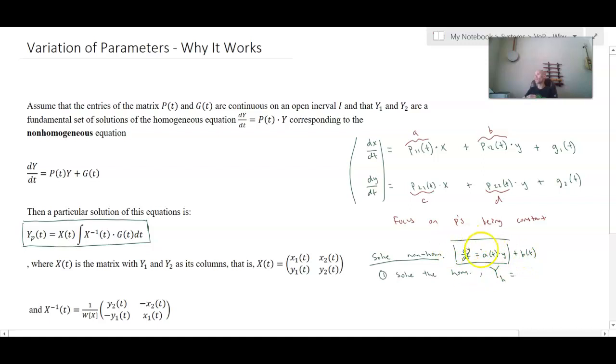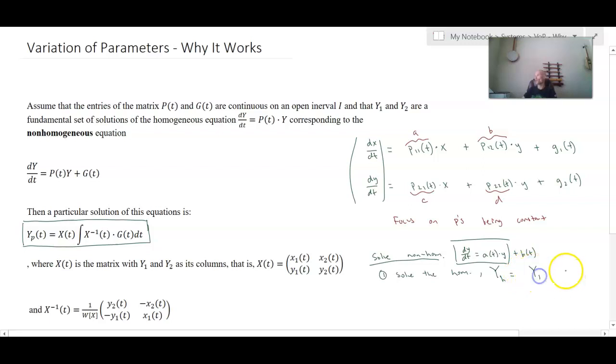Now, in a lot of these systems, when a, b, c, and d are constants, we get two eigenvalues and two eigenvectors. We end up with usually two components to this solution, which we'll call y1 and y2.